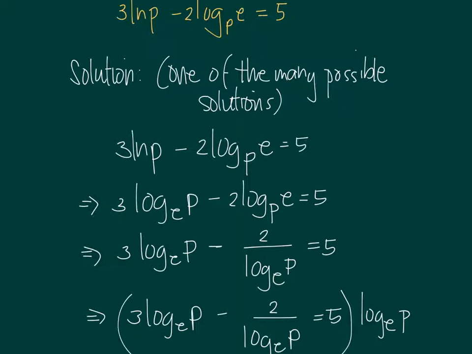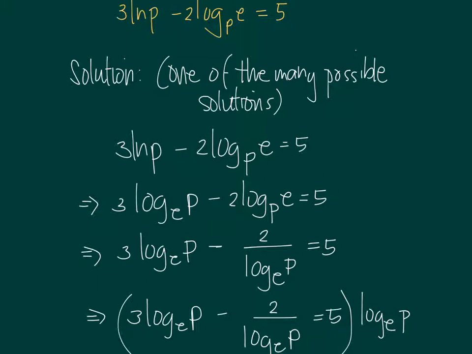Now we cannot combine these two immediately because this is base e and this is base p. By the rule, logs can only be combined if they have the same bases, which is not the case here. But there is a way to make the bases the same. There is a change of base formula that could give this expression which is equivalent to this.